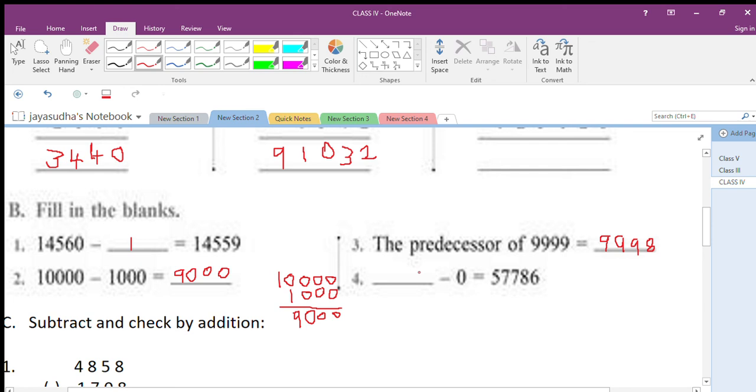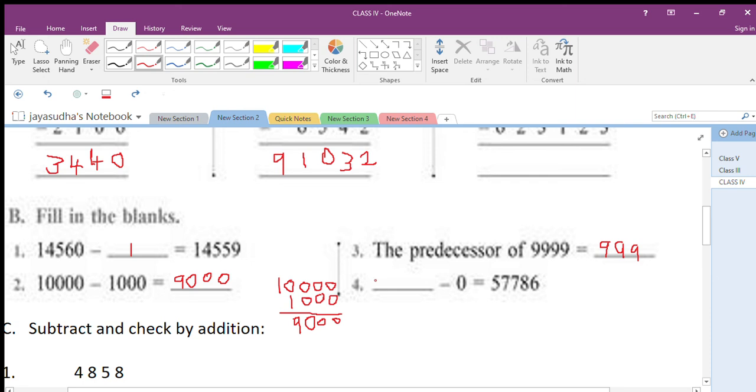The same. 57,786. Are you okay, children? This is the answer of the sum.